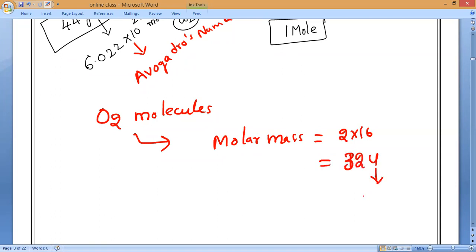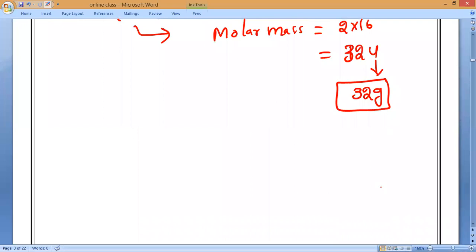So u I will replace with g. So how many grams? 32 grams.